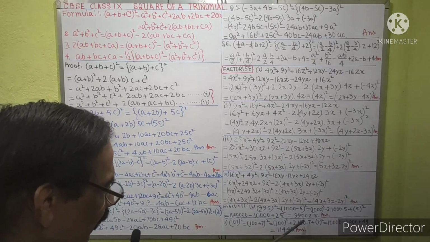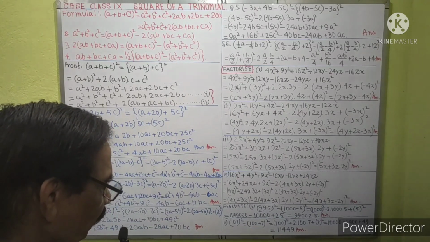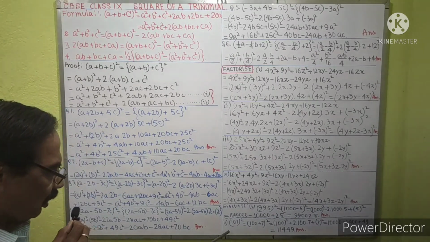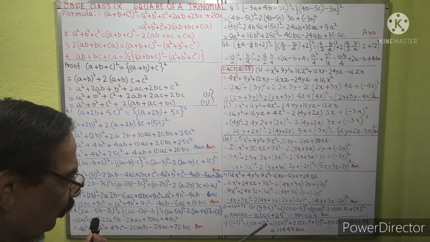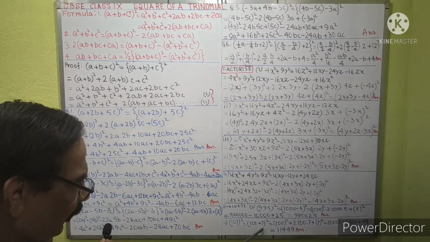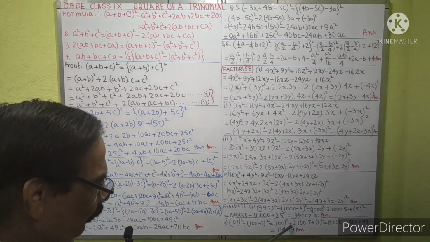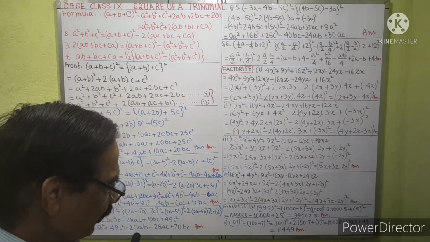After adding and subtracting, we are getting 990025. Again just see 107 whole square, 107 equals (100 plus 7) whole square. Consider 100 as a and 7 as b, so it is a square plus 2ab plus b square, and the result is 11449.